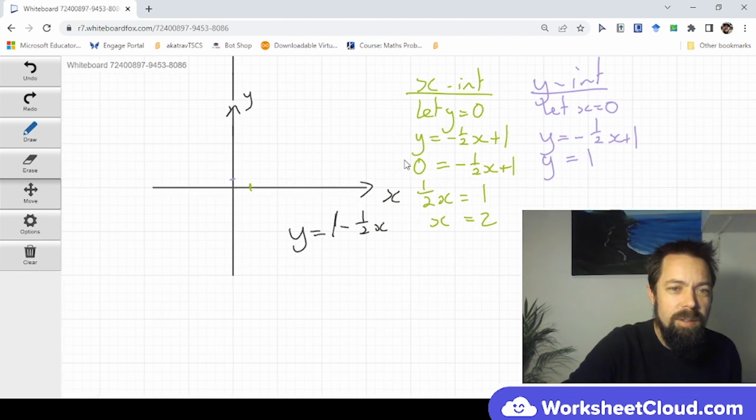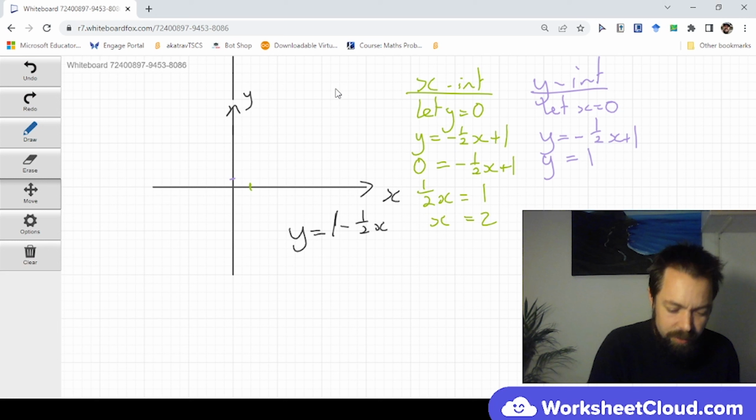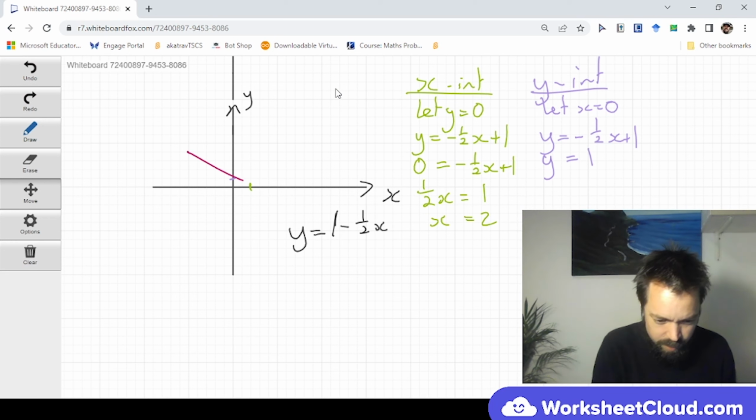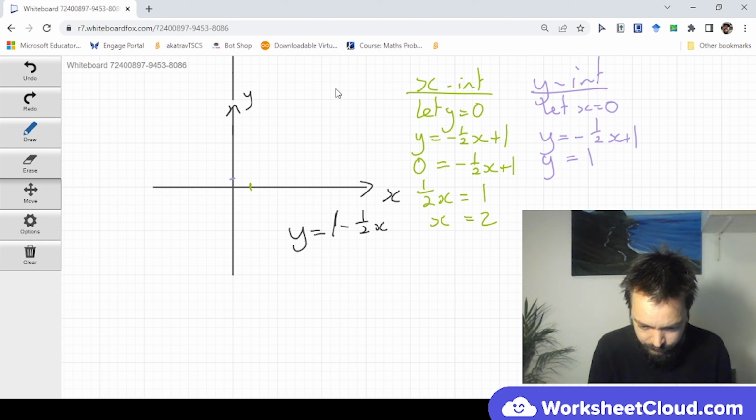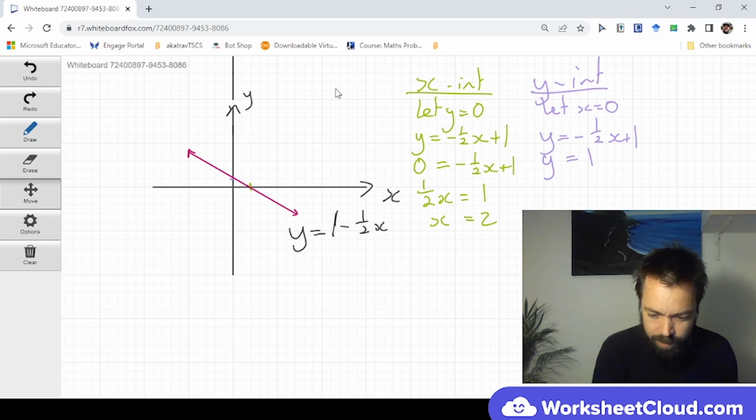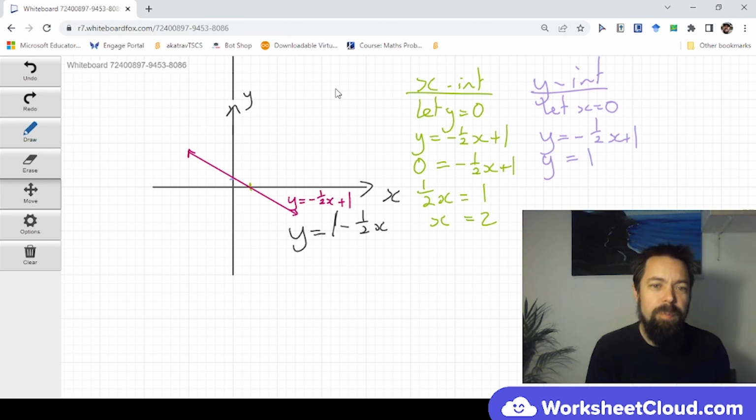All right, now I just need to draw a straight line that passes through it. So 2 up and 1 down. There we go. And my equation is y equals minus a half x plus 1.